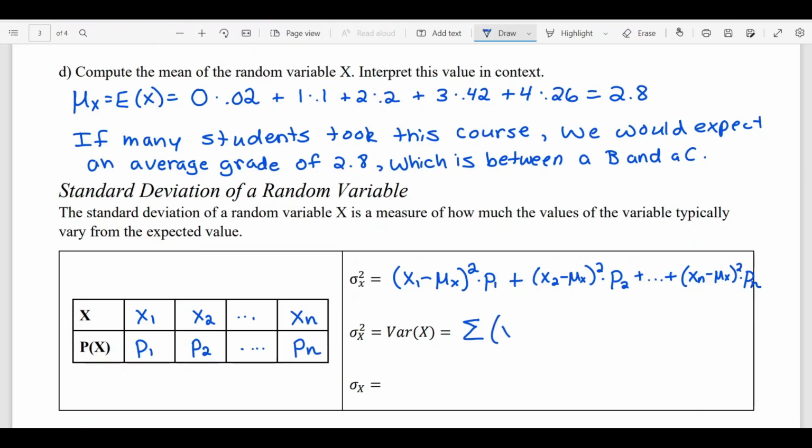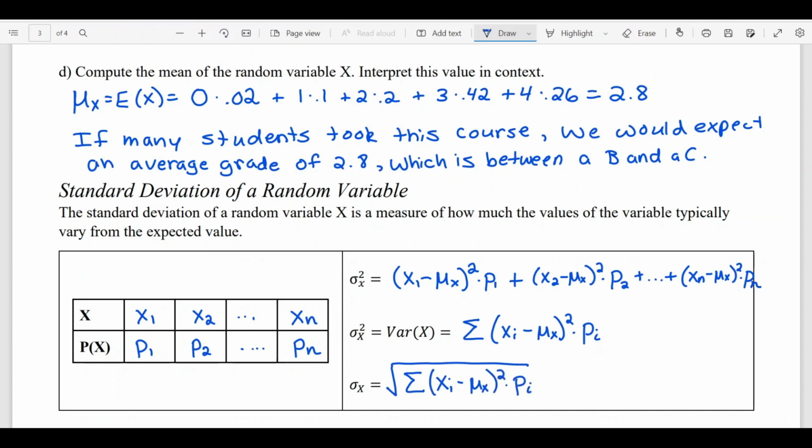It's the sum of all the individual x values minus the mean, squared, times the probability. Then to find the standard deviation, we just square root that whole formula. That's where we get this formula from. Beautiful thing that it is.